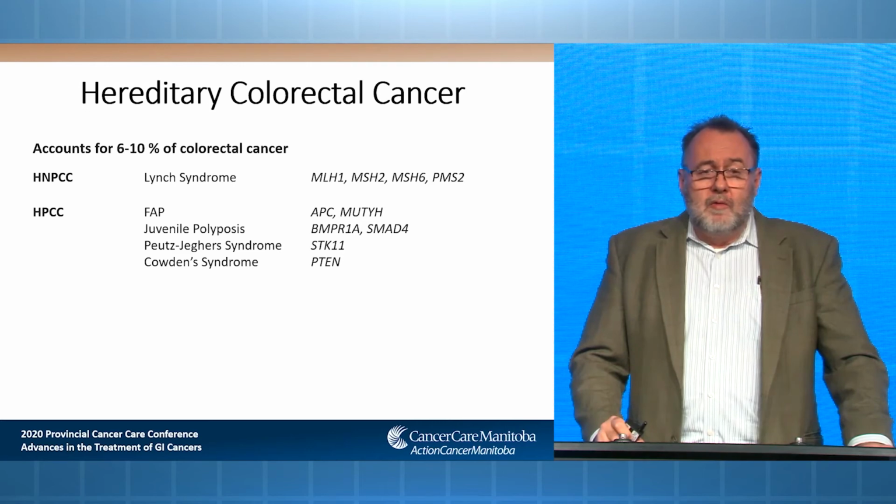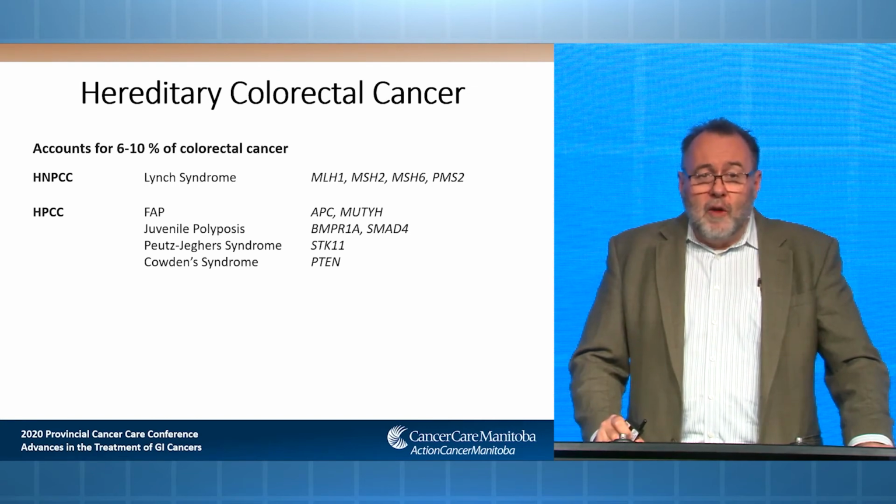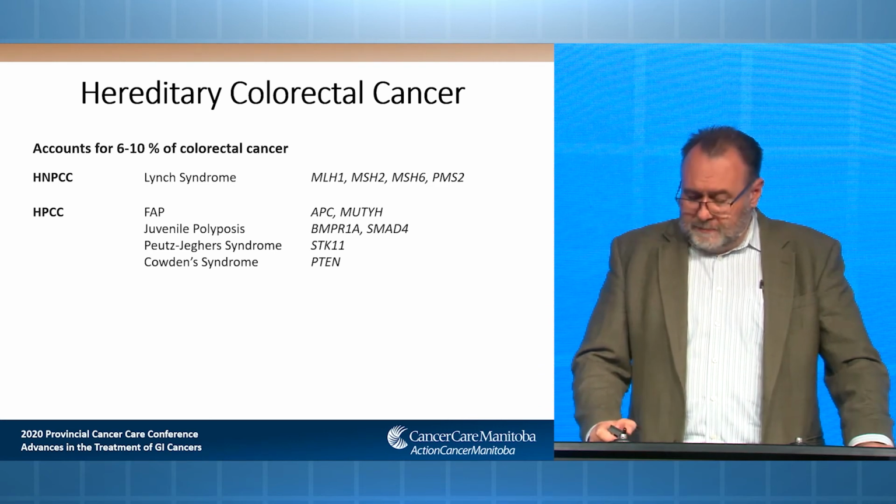There are other hereditary polyposis colorectal cancer syndromes, including familial adenomatous polyposis, or FAP, which can occur in mutations in APC or MUTYH. And there are other less common syndromes, such as juvenile polyposis, Peutz-Jeghers syndrome, and Cowden syndrome, which are associated with germline mutations in more distinct, functionally distinct tumor suppressor genes.